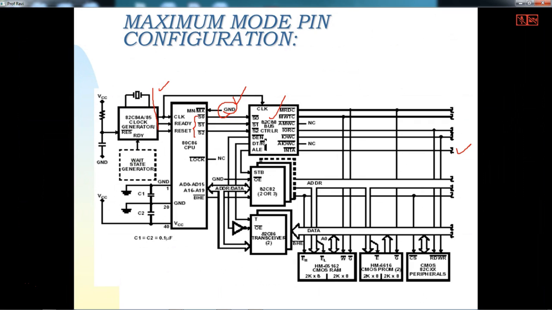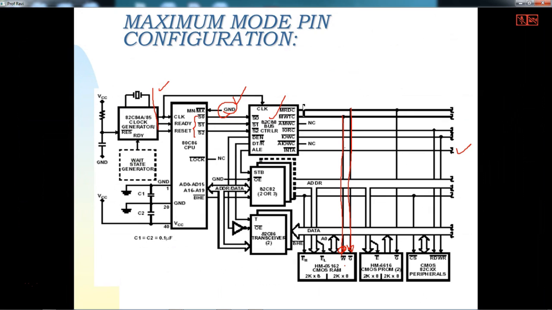Here if you look at memory read, I have a RAM. When it is a RAM, I can perform memory write or read operations. So these two lines are connected to memory in maximum mode of operation.